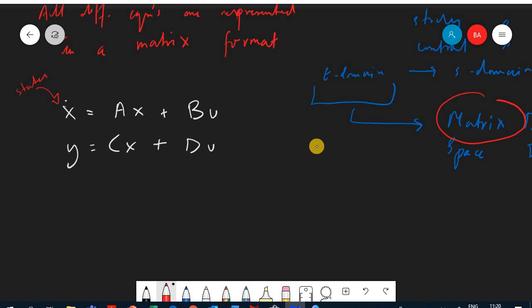We have d height by dt and the height term within the equation, so these are the variables related to the state variables. And here u are the inputs. In the inputs I have the input flow rate, input concentration, input temperature, and so on.